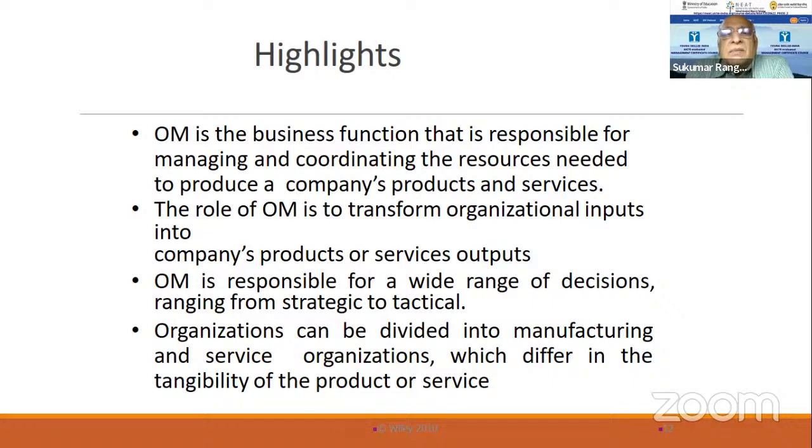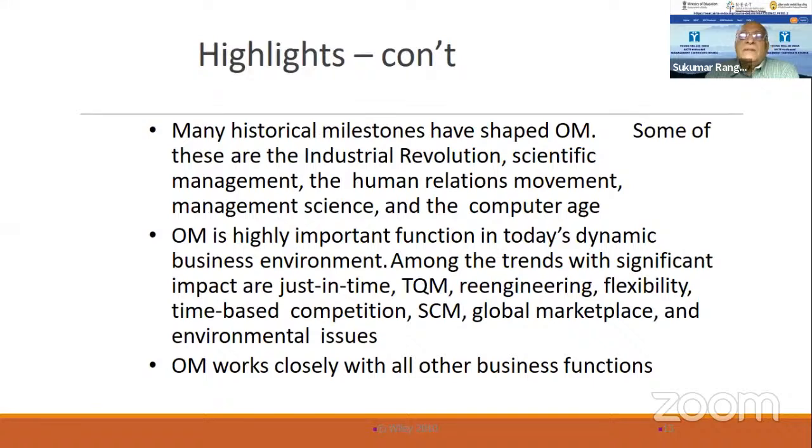We have not seen this earlier, but operations management is not only doing the day-to-day function; they have to plan for the medium term, in terms of the year, and also the long term, in terms of the capacities you need, and also foresee any technological changes to ensure that they are implemented. Organizations can be divided into manufacturing and service organizations, depending upon tangible or intangible products.